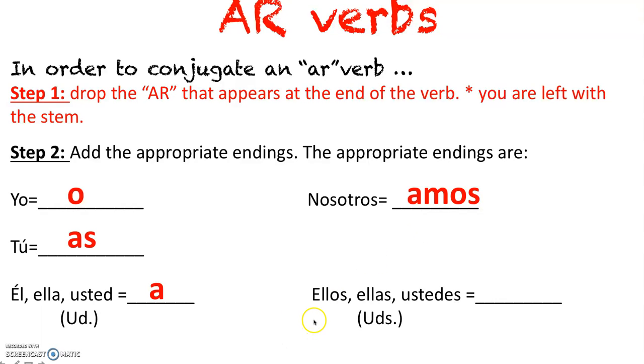And then my ending for ellos, ellas, and ustedes is an. So again, what came up in red is what you should be writing on your paper.